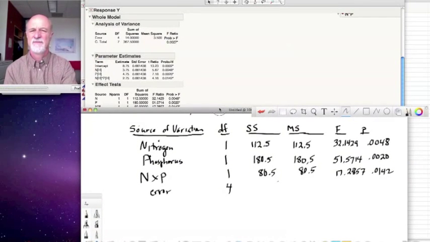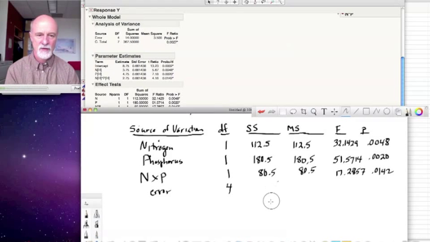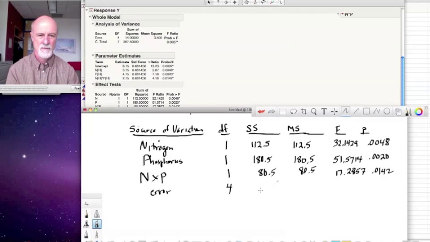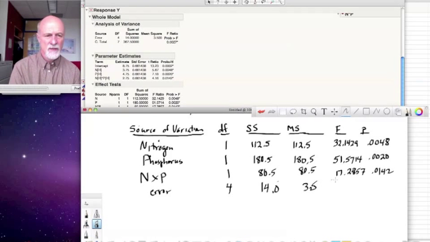All right, so we have sums of squares of 14. I knew something was funny there. Oops, I better get my pen back. 14.0 divided by 4 is 3.5. Notice it gives you the mean square up there. I thought it did. That's why I knew it was wrong. And so that's as far as we go.